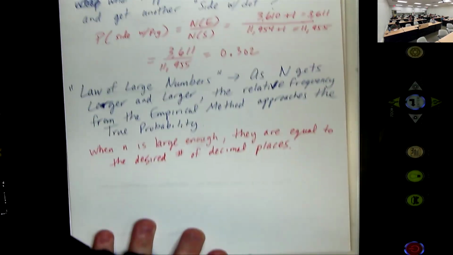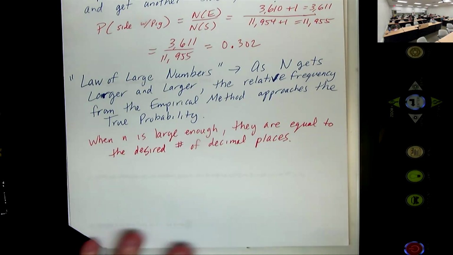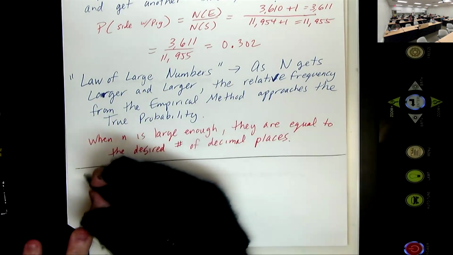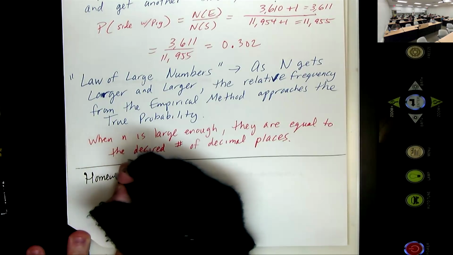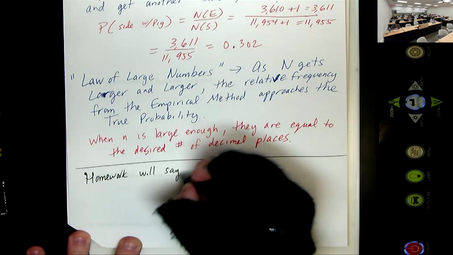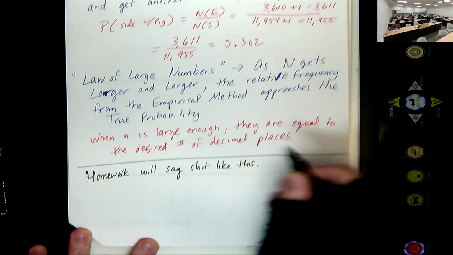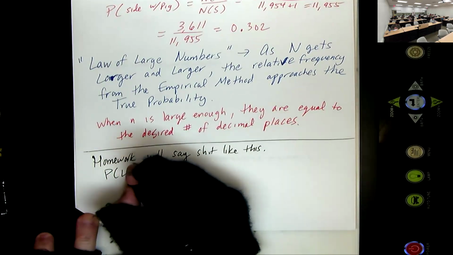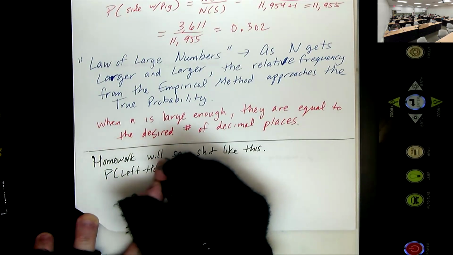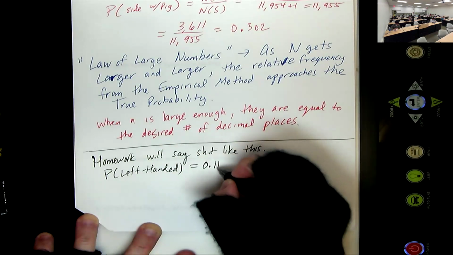How is this going to apply to your homework? Almost done, like one more line. Homework will say something like this: the probability of being left-handed is 0.11.